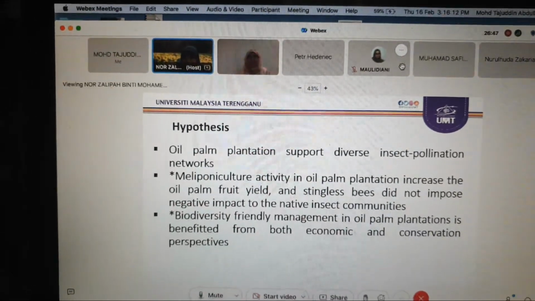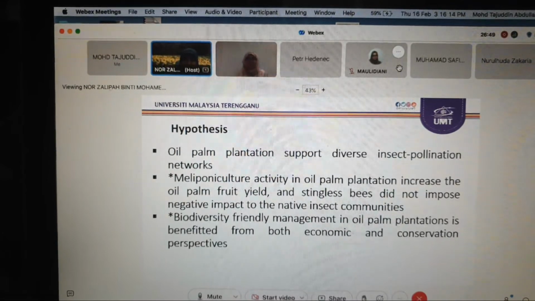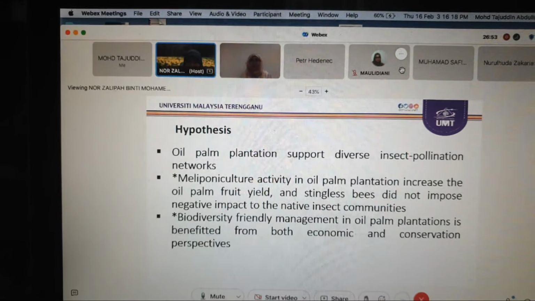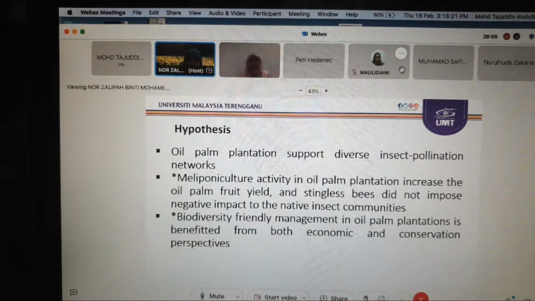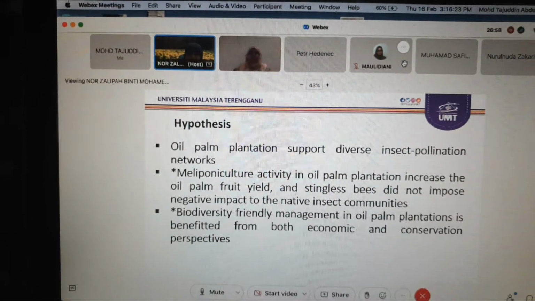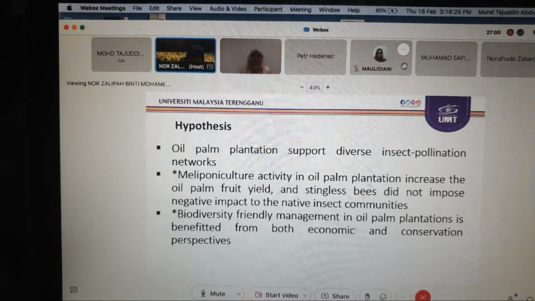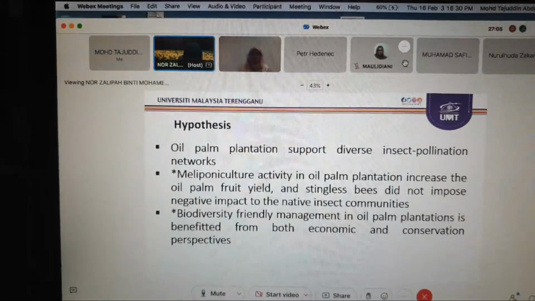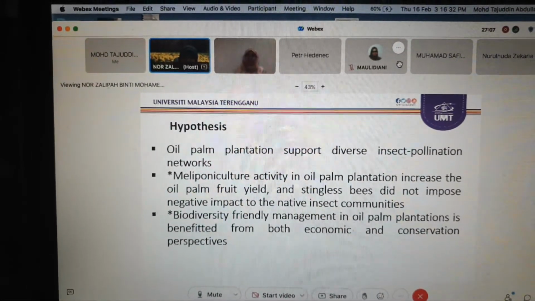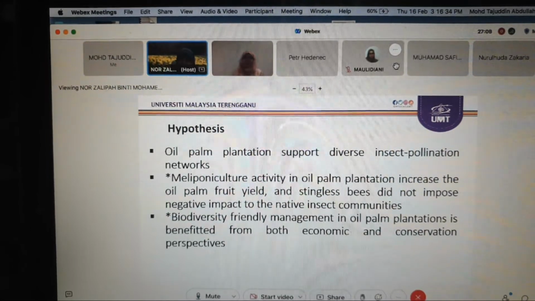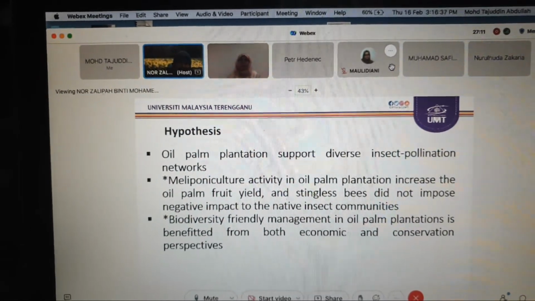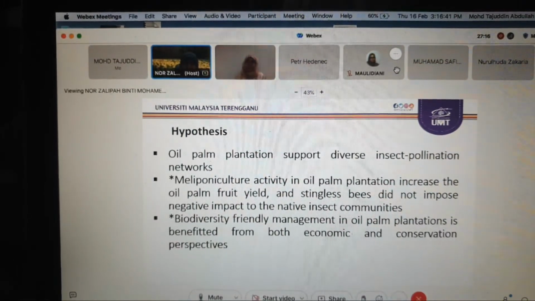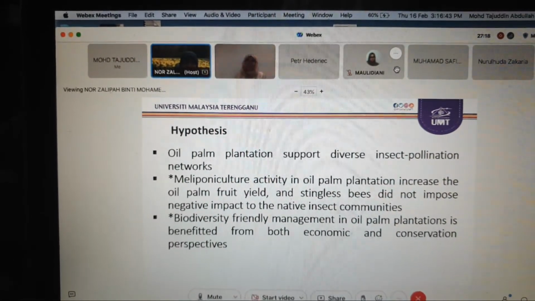With the abundance of food source, we can suggest that meliponiculture activity could be conducted in the oil palm plantation, and we hope that by foraging at the oil palm flowers, the stingless bee might also result in high fruit yield, or we can say result in pollination of the oil palm flowers.